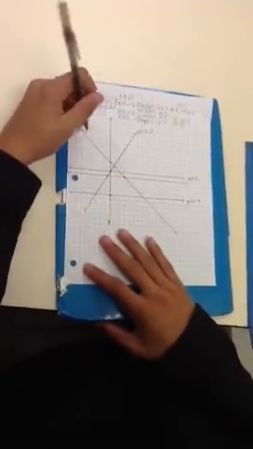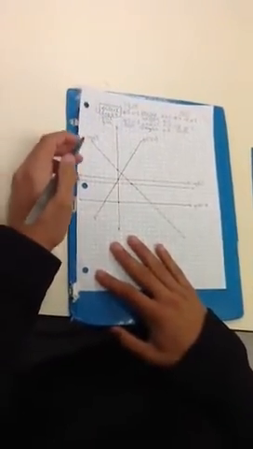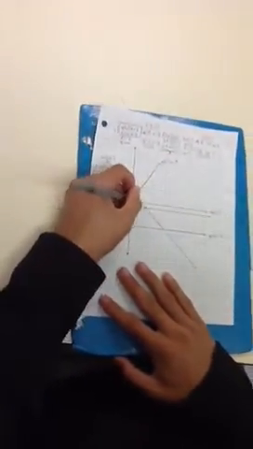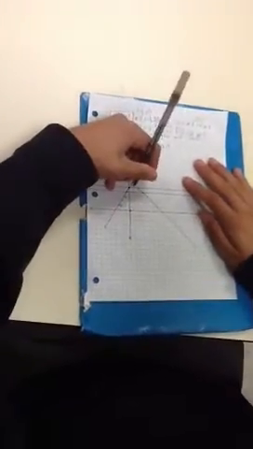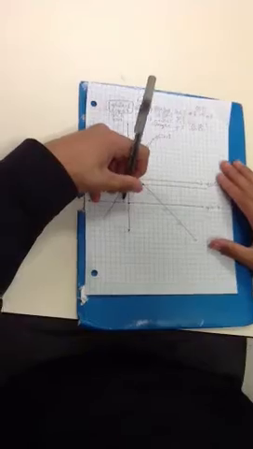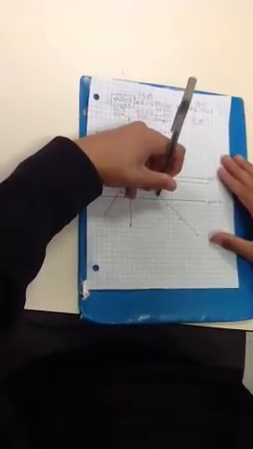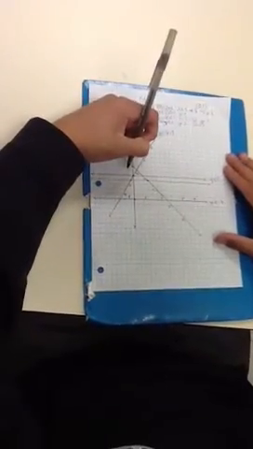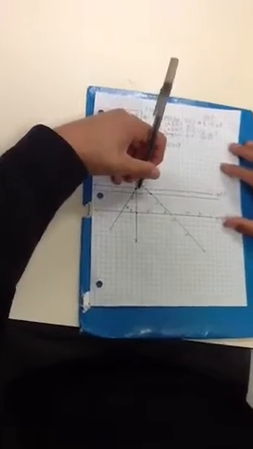And then next step is to draw arrows based on the inequality in the problem. So for this line, it would be going this way, the shading. And then for this line, it would be going this way. This line will be going up. And then this line will be going this way.